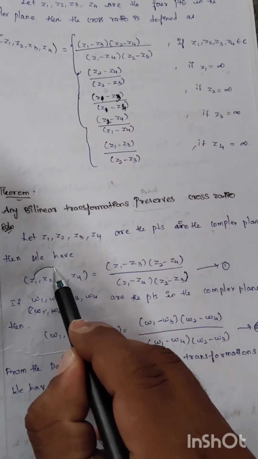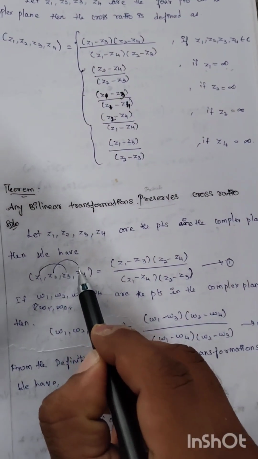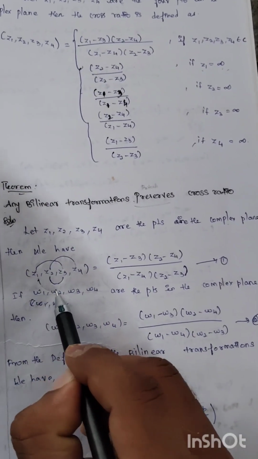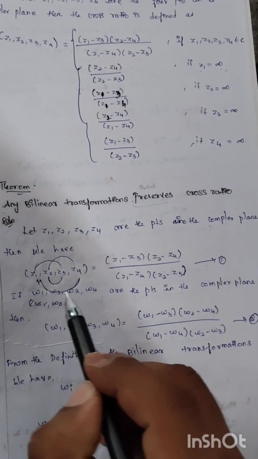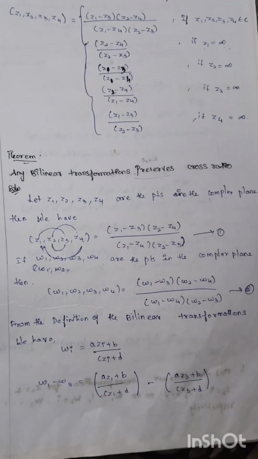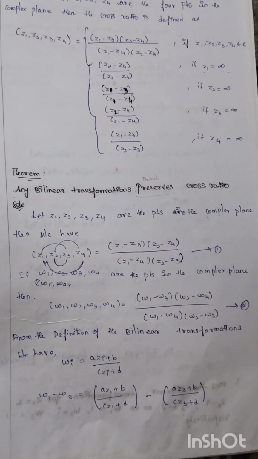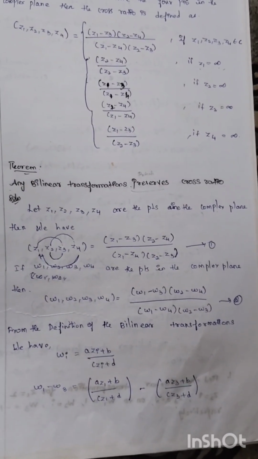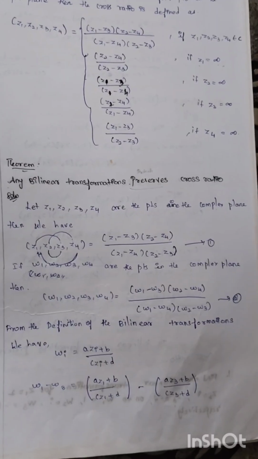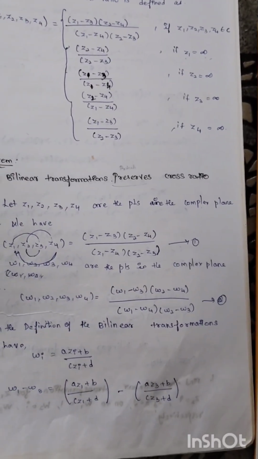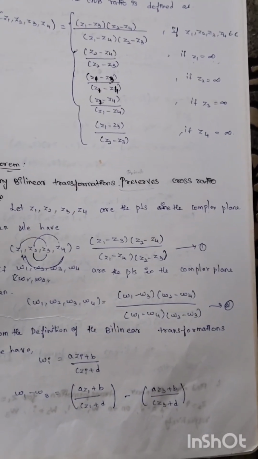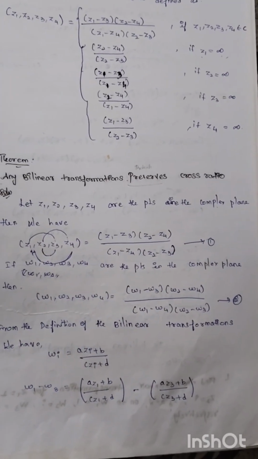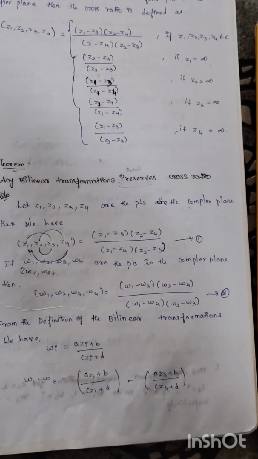Consider this as equation 1. And now we define (w1, w2, w3, w4) as (w1 minus w3) (w2 minus w4) divided by (w1 minus w4) (w2 minus w3). Consider this as equation 2.